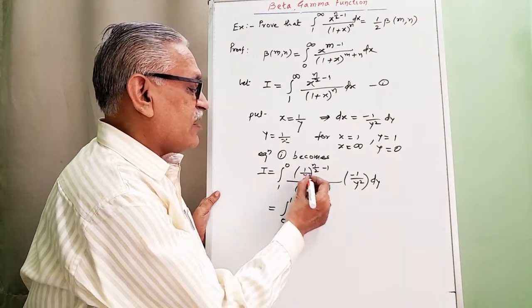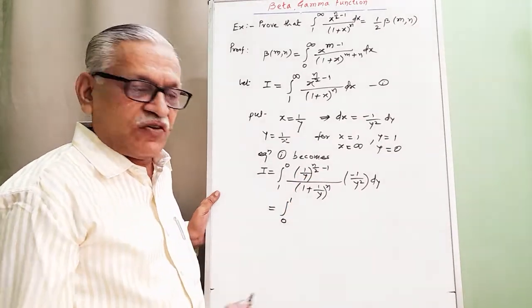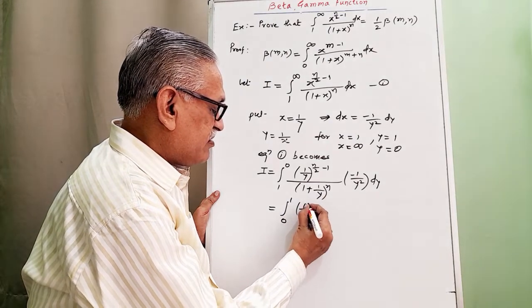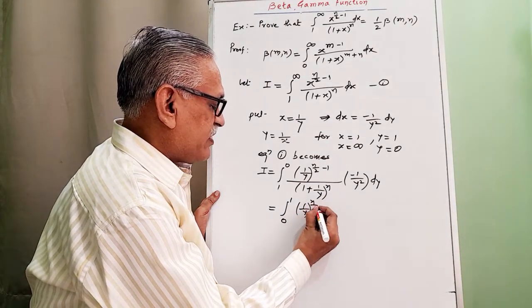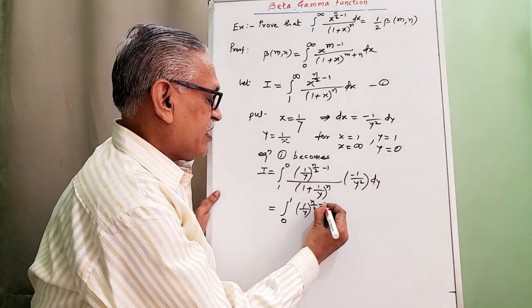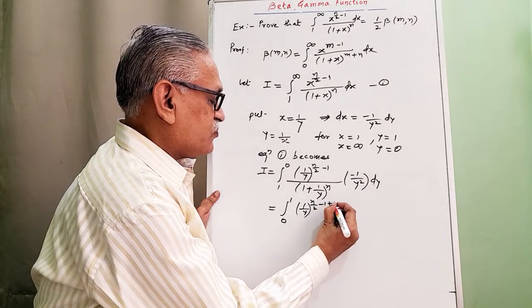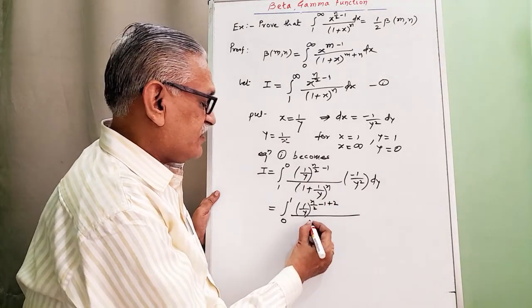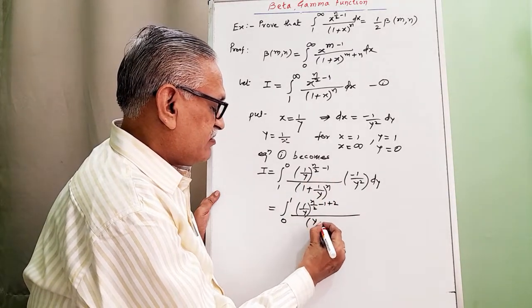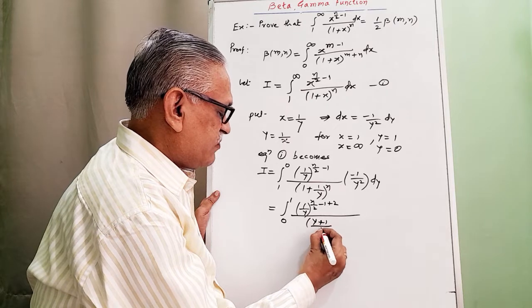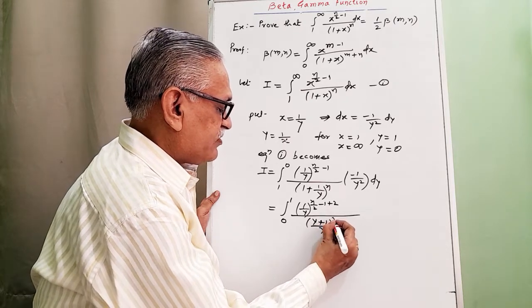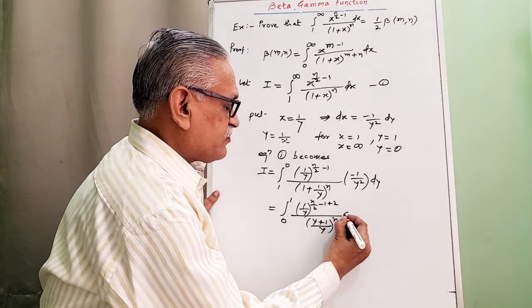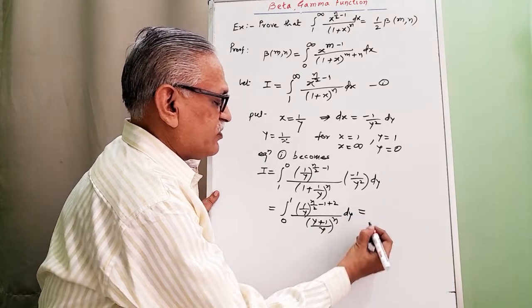Then combining these terms of 1/y, we get (1/y)^(n/2 - 1 + 2) divided by, finding the LCM, ((y + 1)/y)^n, with respect to y.